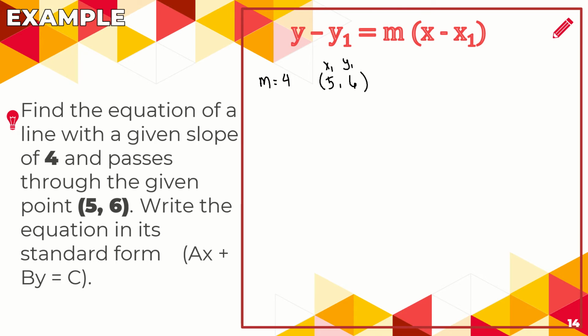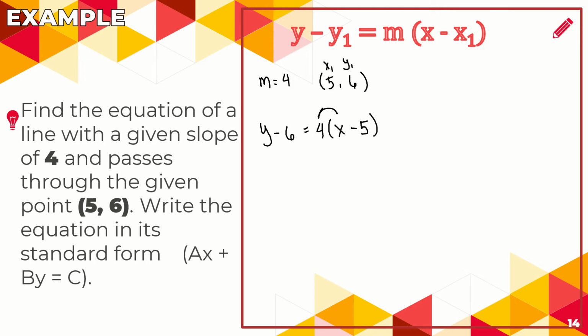First thing to do is to substitute the given data in our formula. y minus y sub 1 is equal to m, where the value of m is 4, multiplied by the quantity x minus x sub 1, which is 5. Next thing to do is to distribute 4 in our binomial.